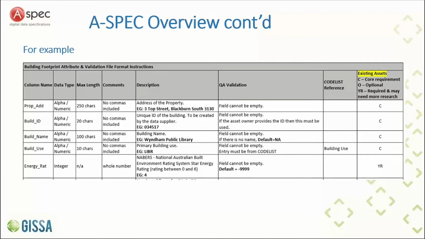So that when you're looking to capture data about assets that are already existing, you can now look at this table, see what has been recommended as being the core attributes, the required but may need more research attributes, and the optional attributes.